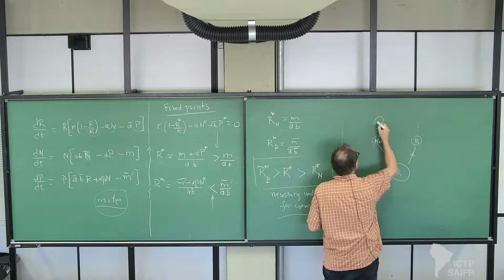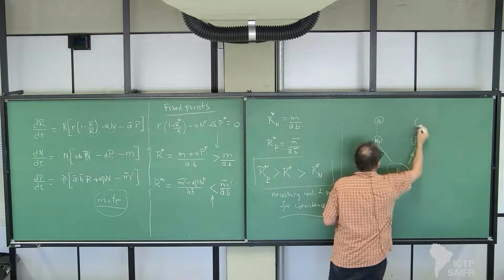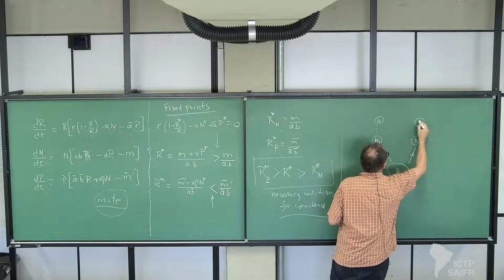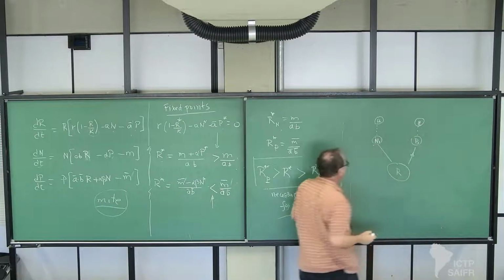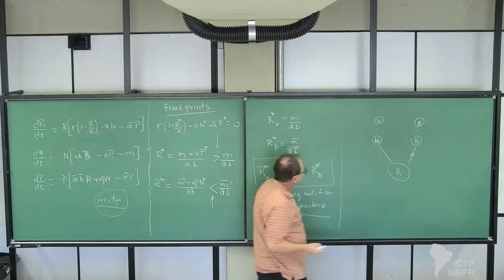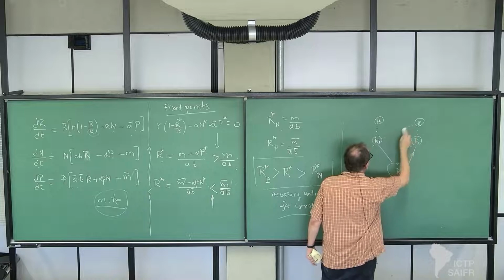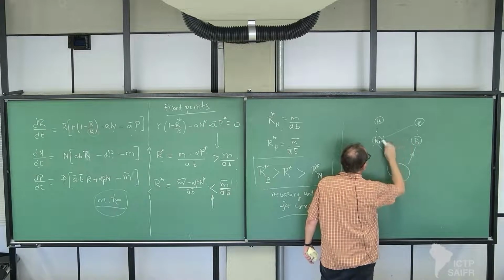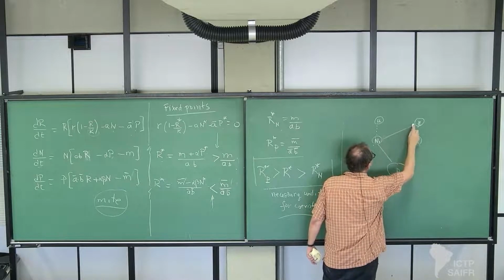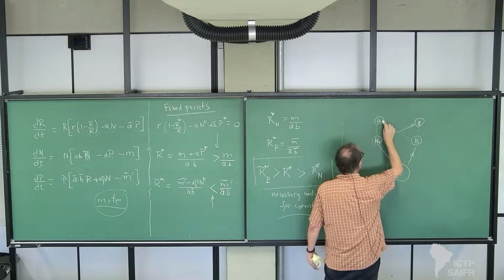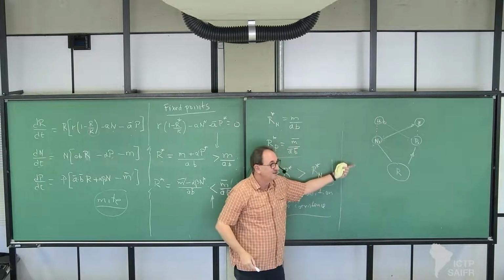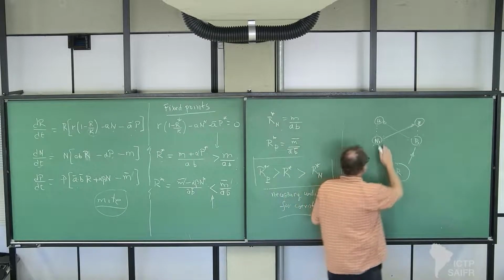Then they become N2, which is when they are adults, okay? And maybe then you can have something like this, okay? So actually, it's adults feeding on immature.